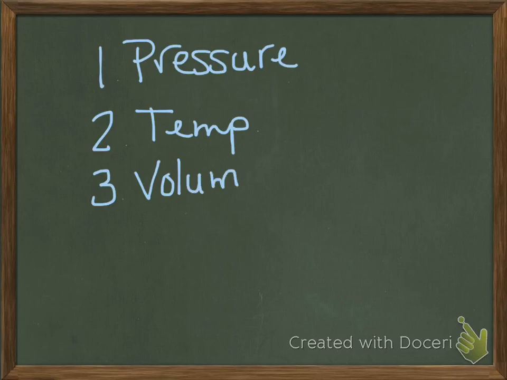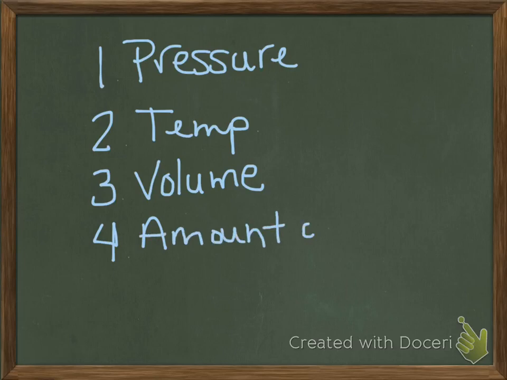So we know that gases take the shapes of their container, so we are talking about the volume of the container. And finally, how much gas you're working with. So the amount of gas.